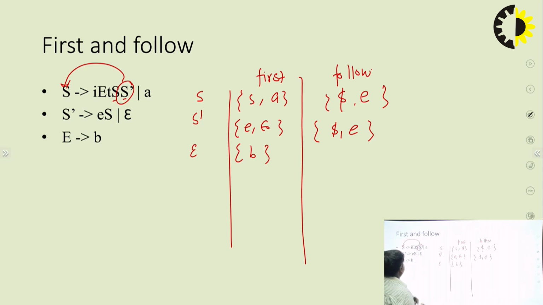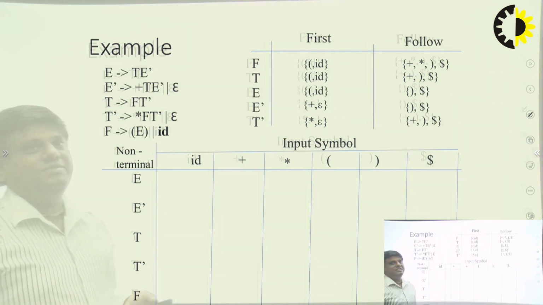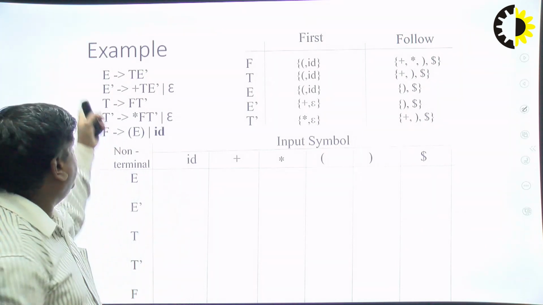E is only here, and in any production, no E is involved. Then what is the follow of E? That is T. That is very simple. I compute the first and follow of any production rule. In the next lecture, I will compute the parsing table of any production rule.